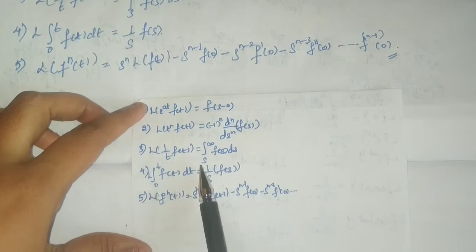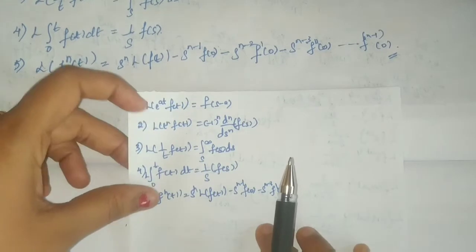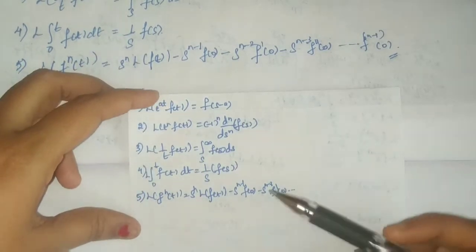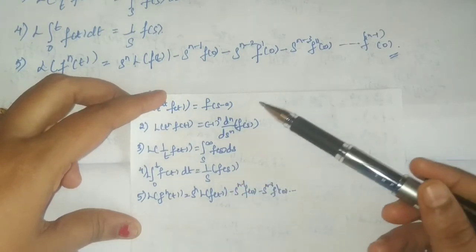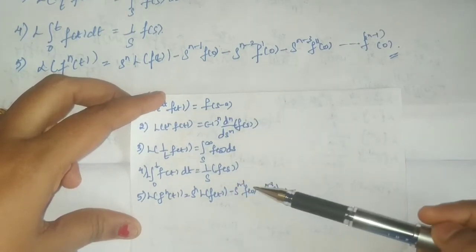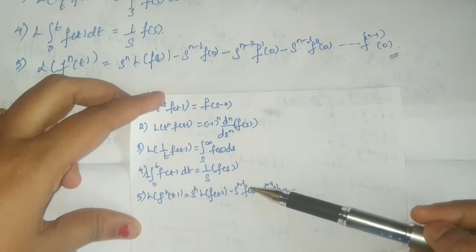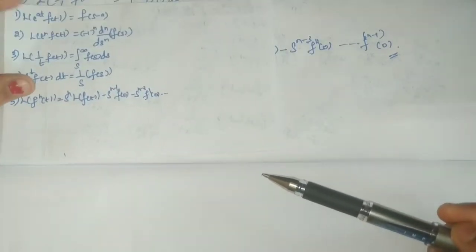Integration is 1 by s into f of s and derivative. So keep this for reference for one or two problem. Once you are used to this, then you can easily solve it. And I'll easily explain how to get the solution when you have product of function. Okay. So I'll keep the formula here.